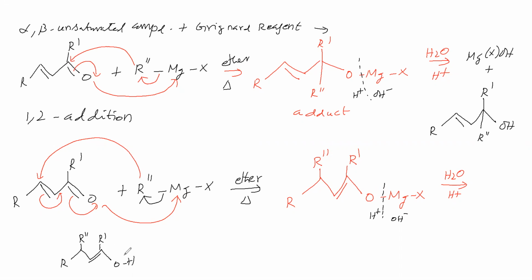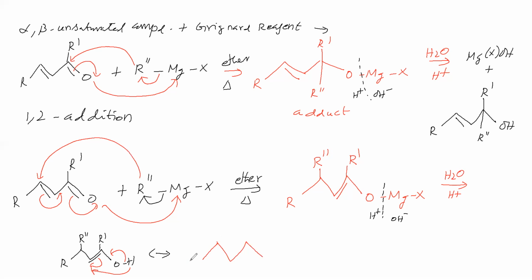Then it is going for tautomerism, because the double bond and OH group are in conjugation. Therefore, tautomerism is possible. In the tautomerism, this bond is shifting to this place, and this H plus is going to this place. Therefore, what is the product we are getting, we'll see.